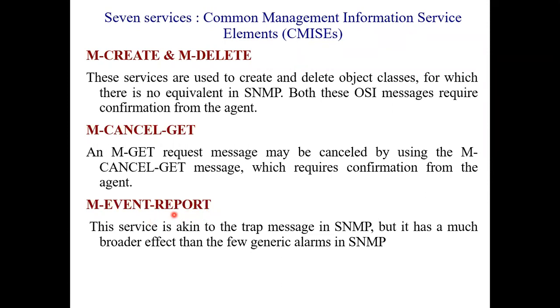So far we saw that the manager is asking for everything and the agent is just sending the data. But if the agent has to raise an alarm, it has to report something. So M-EVENT-REPORT is the only message generated by the agent, and it is called an unsolicited message, because nobody has asked for it; the agent sends it on its own. This service is akin to the trap message, meaning similar to a trap message.